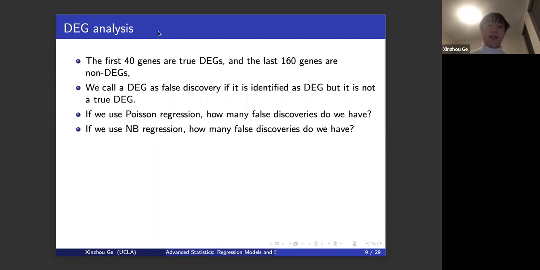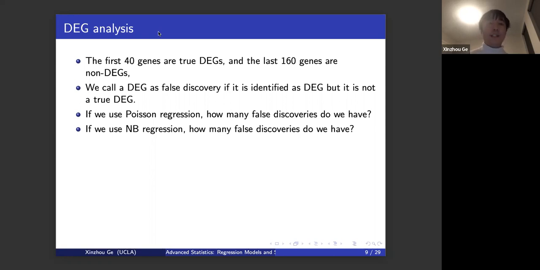So they are true DE genes. And for the last 160 genes, I generated the read counts from the two conditions from the same negative binomial distribution. So I know that all the difference in the counts is totally from random error, and they are actually non-DE genes.